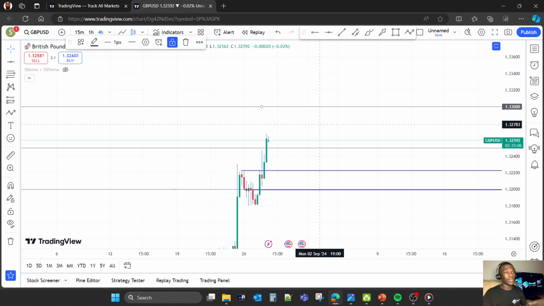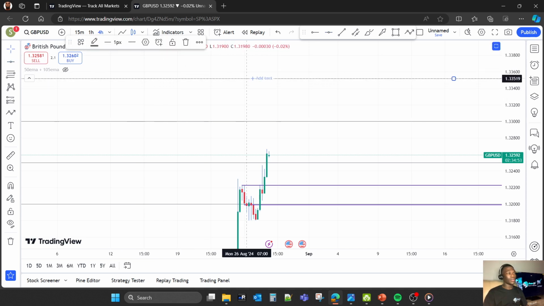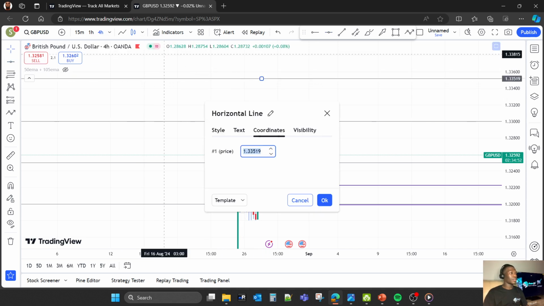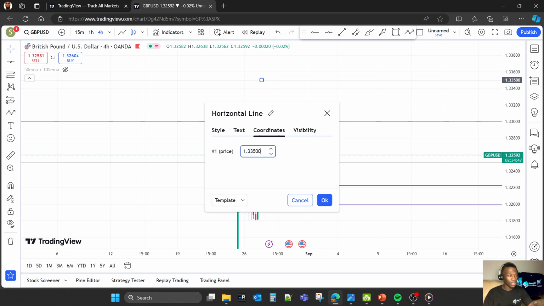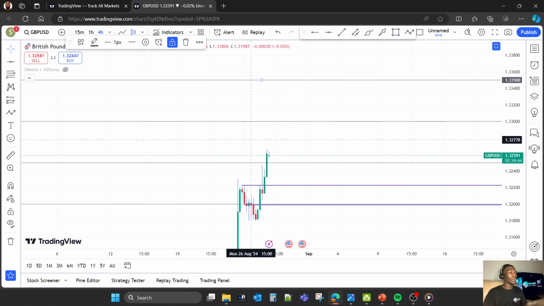And then after doing so, I'm looking for another cycle level, which is 1.33500. That's my next cycle level. Okay, let's add that, then delete the 1.3. Something like this, and then I will lock again.